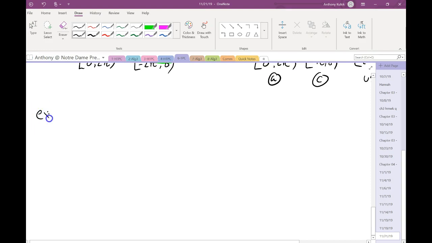So let's do one that looks like this, where we have more than one trig function going on here. I would not use an identity here.